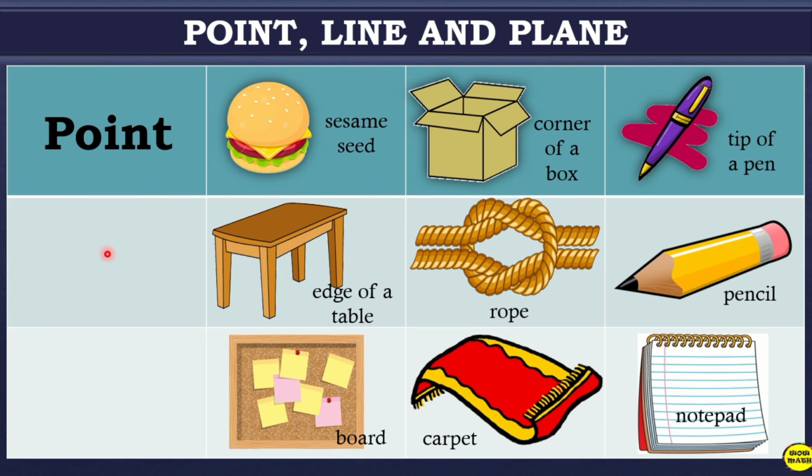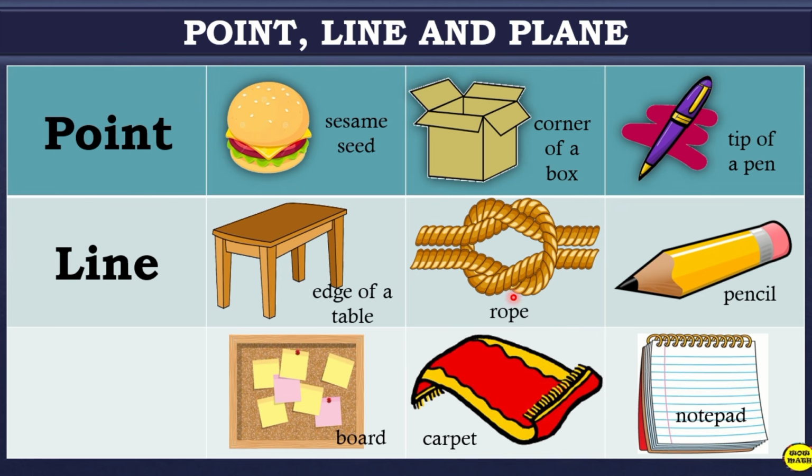Now, let's proceed to line. When we say line, it is a straight edge. So, edge of a table. Once we read the word edge, whatever the object, it represents a line. So the edge of a table means the side. This is a representation of a line.